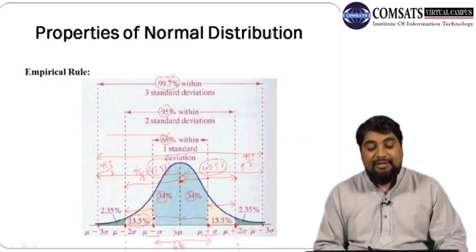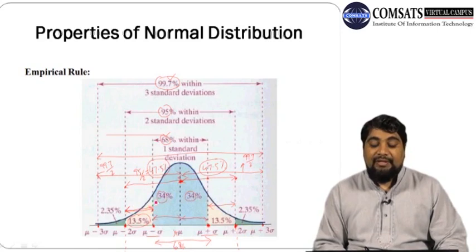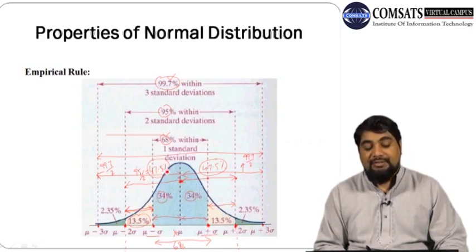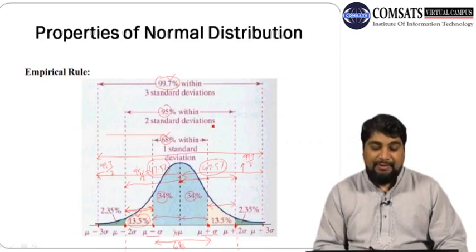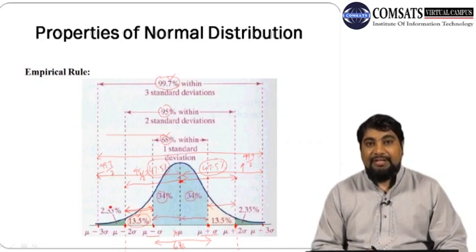So to find the area between mu minus 2 sigma and mu minus sigma, just subtract 34% from 47.5%, you will get 13.5%.